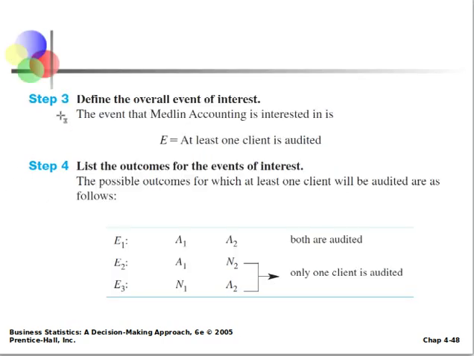Step 3, define the overall event of interest: the event that at least one client is audited. Step 4, list the outcomes for the events of interest. The possible outcomes for which at least one client will be audited are as follows.